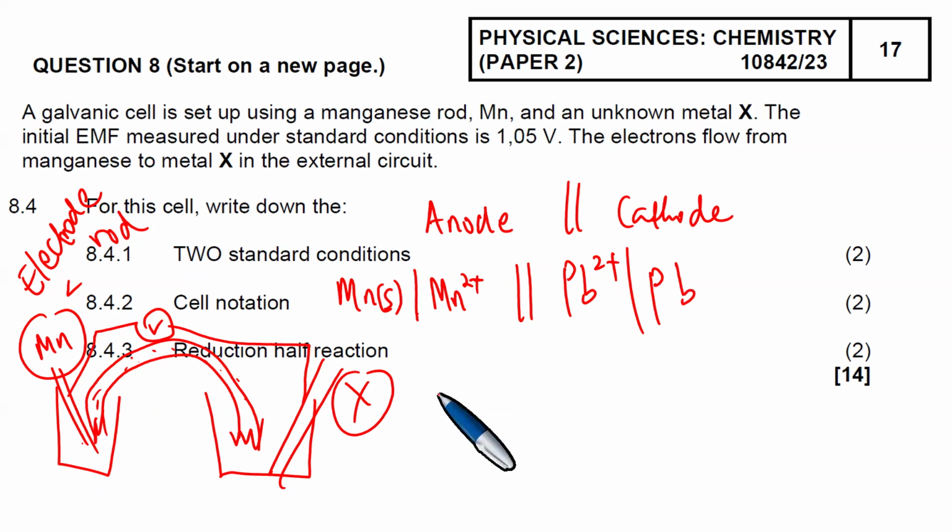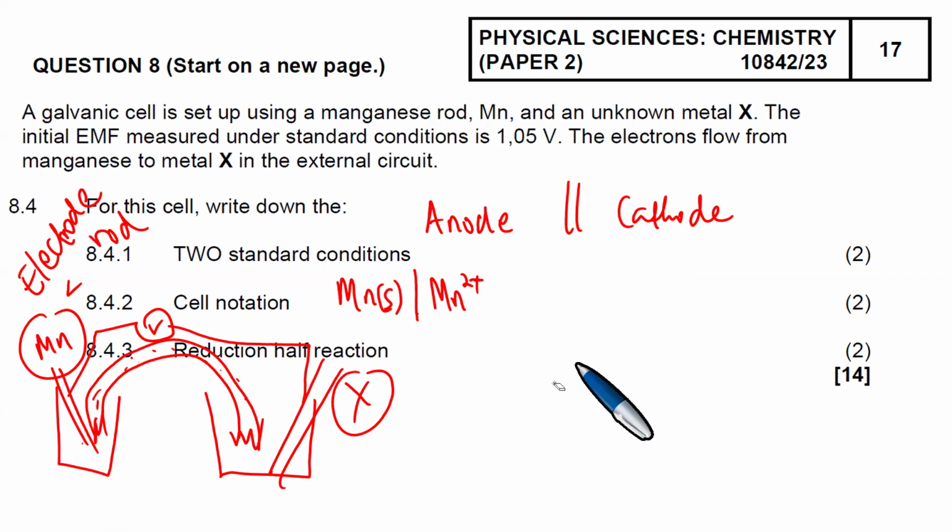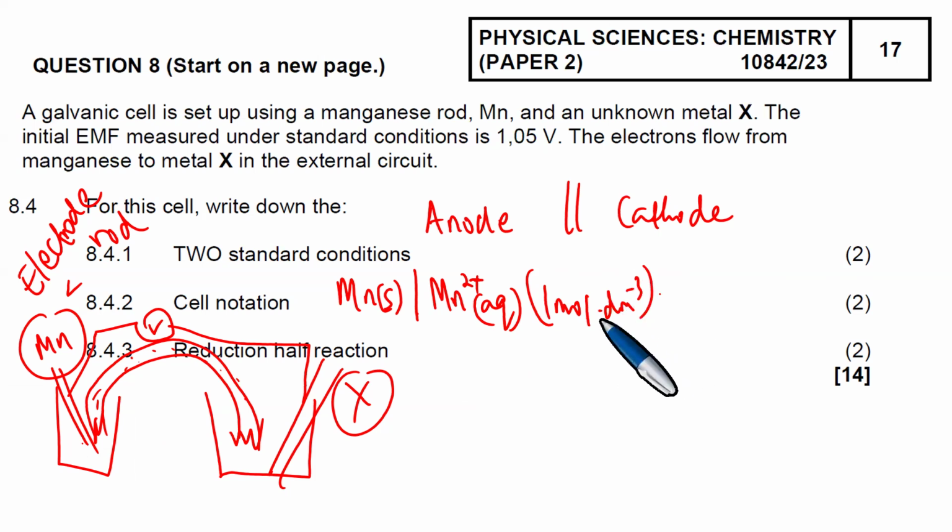Right, and when you write like this, you can write more. I want you to learn how to write like this. There are more details I want you to include. You can put the manganese 2 plus in aqueous, then put 1 mole per cubic decimeter.